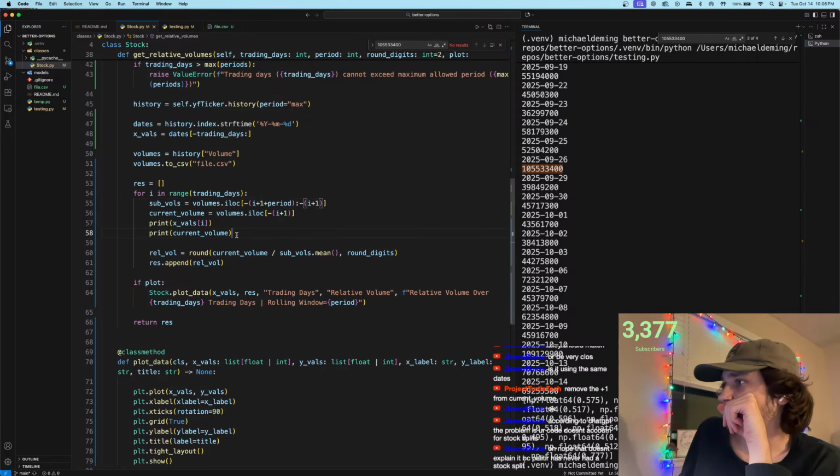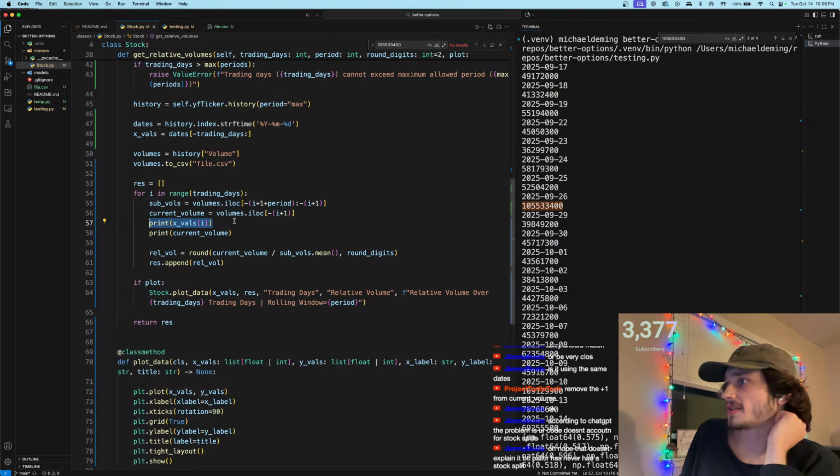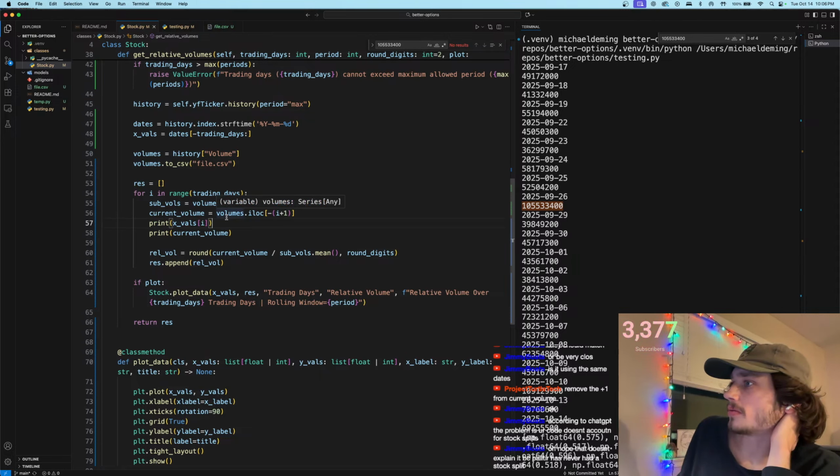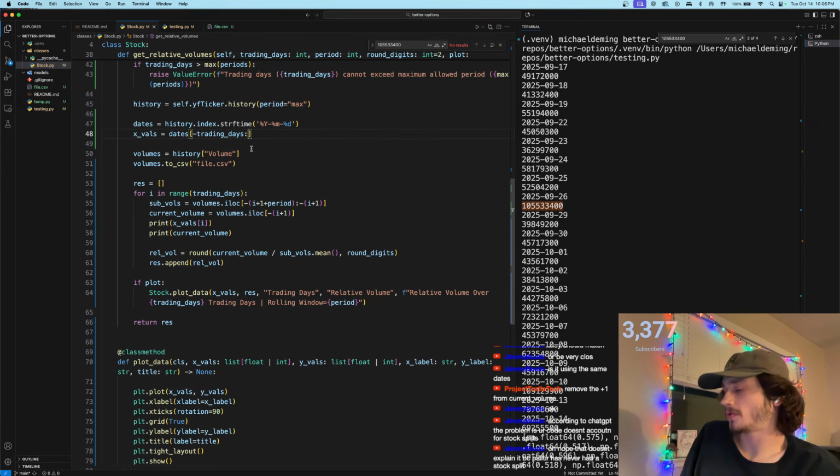So this is printing the current volume and the date associated with it. But that's not the case. The x values are the last negative trading days. We don't want to include the current one though. Right?